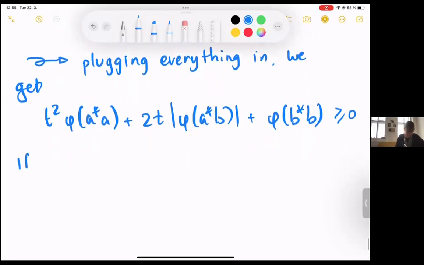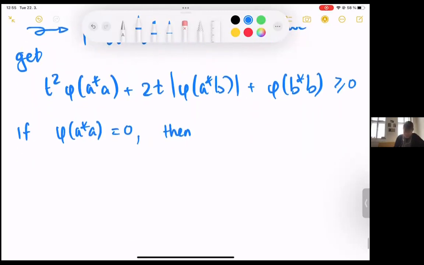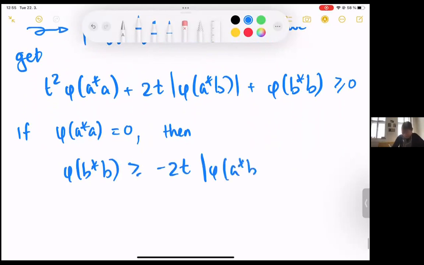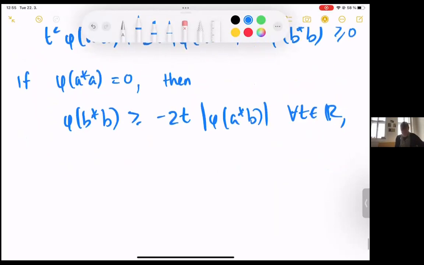Okay, so if we happen to have that phi of A star A equals 0, then we get that phi of B star B is greater than minus 2T phi of A star B for every T in R, which is impossible.